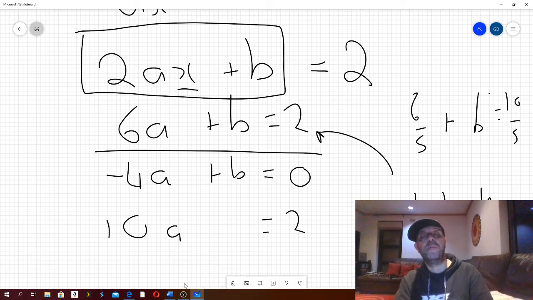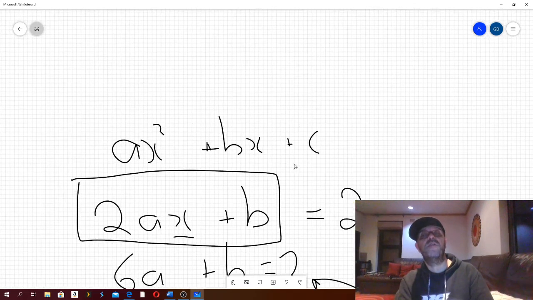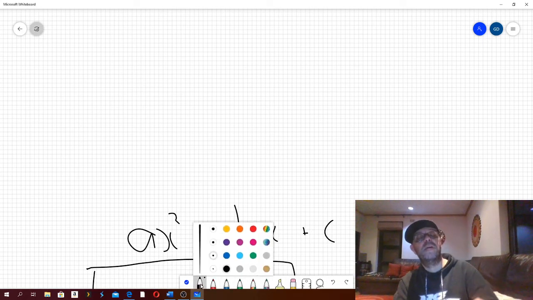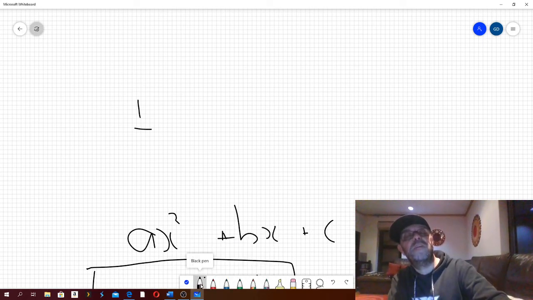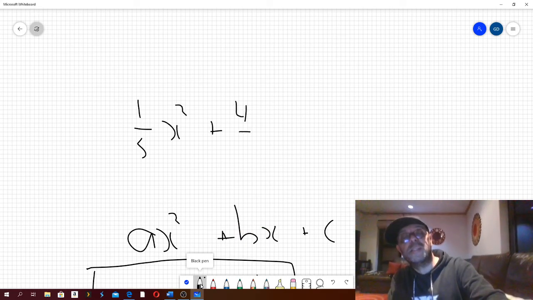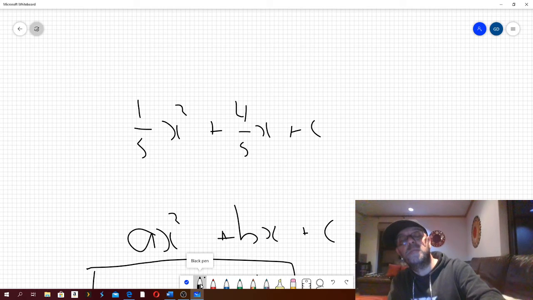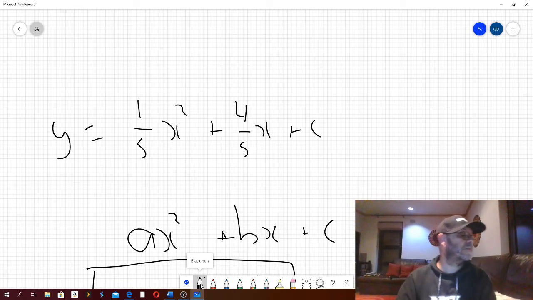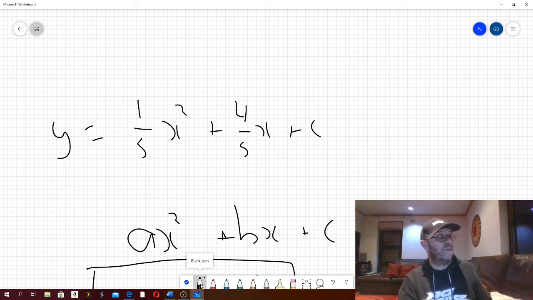So let's go back up here and see what the equation looked like. Okay, there was my general equation, and we said that a was a fifth, so we know that (1/5)x² + (4/5)x + c must be equal to y. Now, do we have a point that we could use here? Well, yes, we can still say that the point (3, 6) occurs on this curve as well.